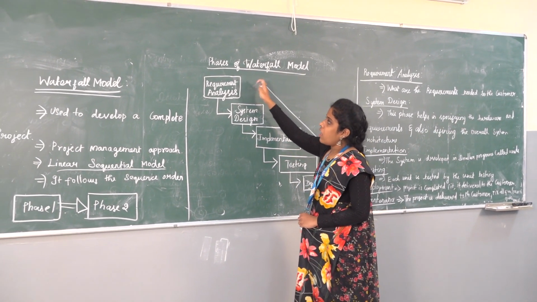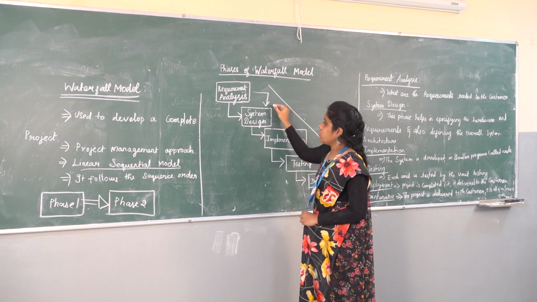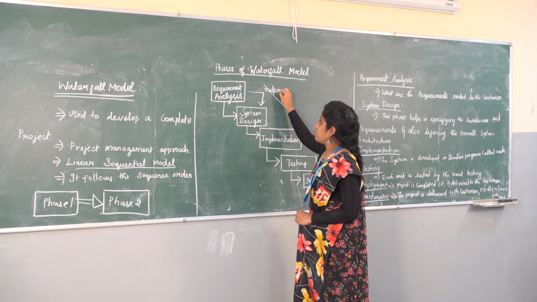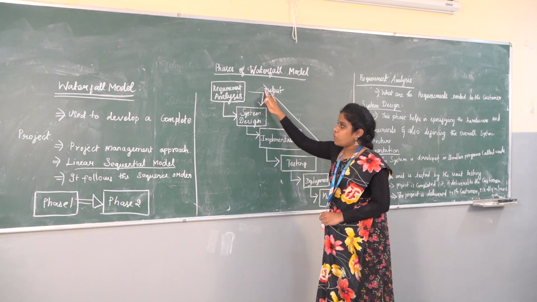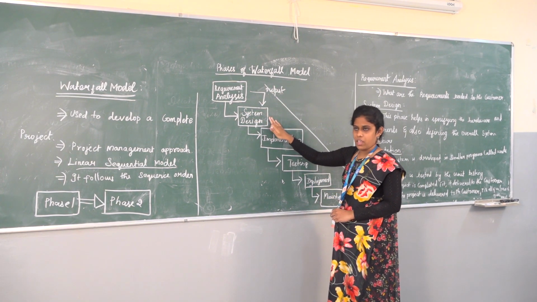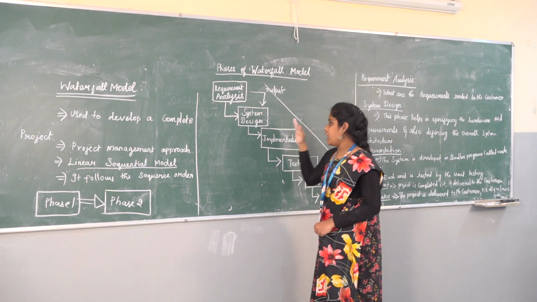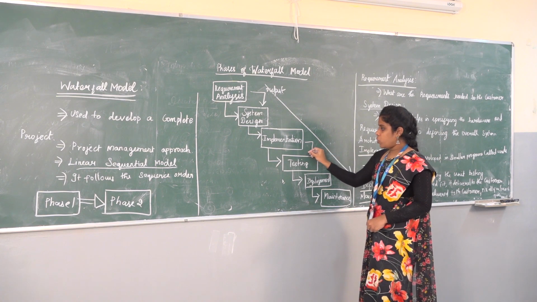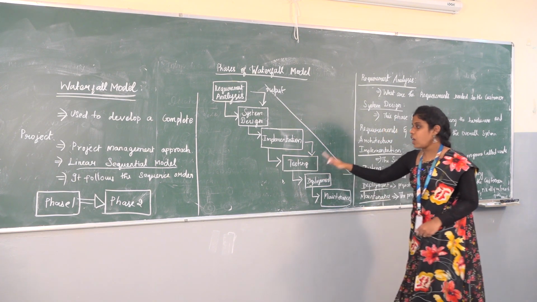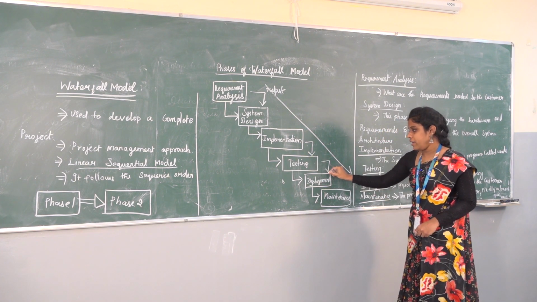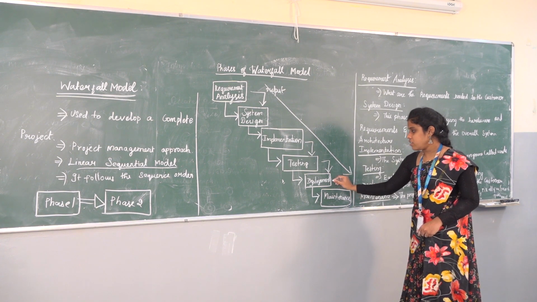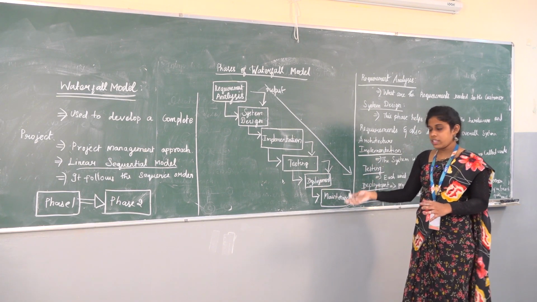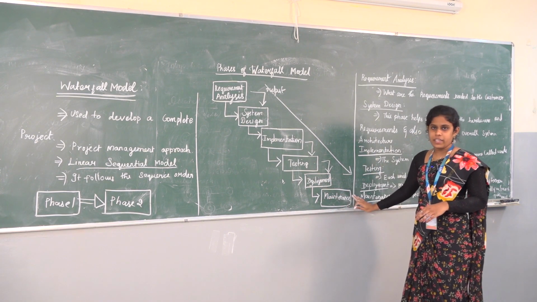Requirement analysis output is the input of system design. System design output is the input of implementation. Implementation output is the input of testing. Testing's output is the input of deployment. Next, the final phase is maintenance. After completing the deployment, deployment's output becomes the input of maintenance.